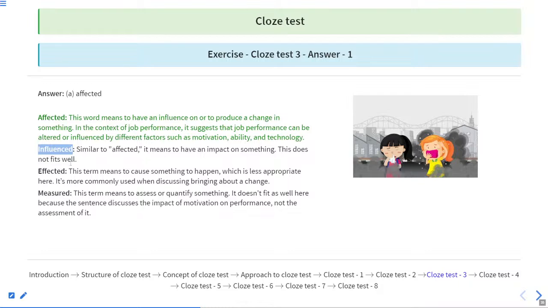It cannot be effected. Effected means to cause something to happen. This is less appropriate here. It is more commonly used when we are discussing something which is bringing about a change. It cannot be measured because this term refers to quantifying something. It does not fit as well here because the sentences discuss the impact of motivation on performance, not the assessment of it.